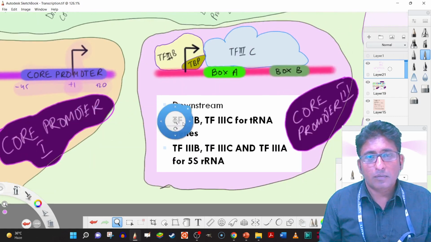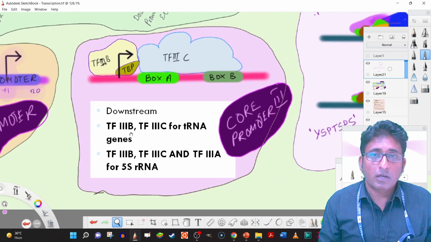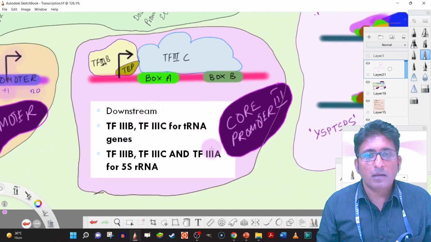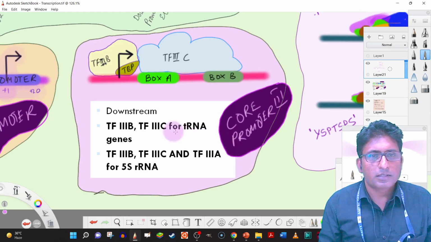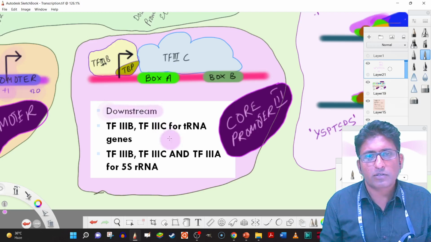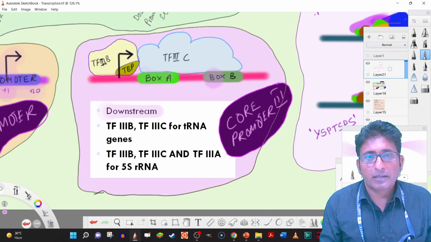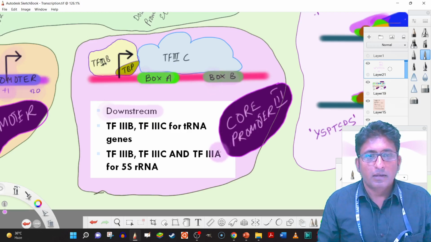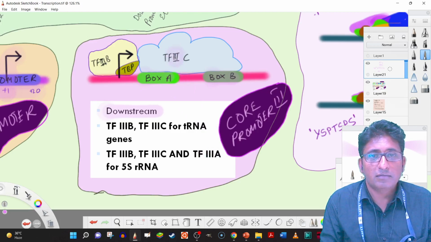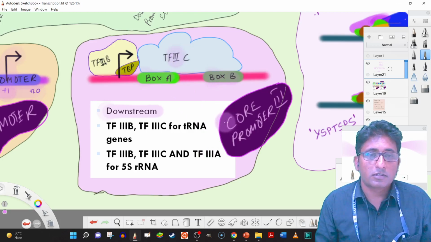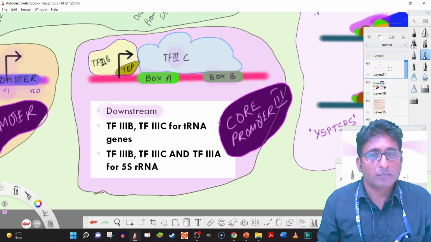RNA polymerase 3 recognizes a promoter that is a little bit different, in the sense that the majority of the promoter elements are downstream, that is box A and box B, and these are recognized by transcription factor 3, called that because it relates to RNA polymerase 3.